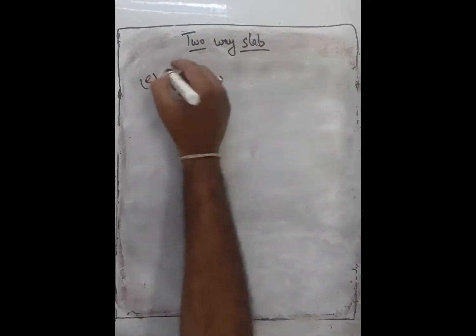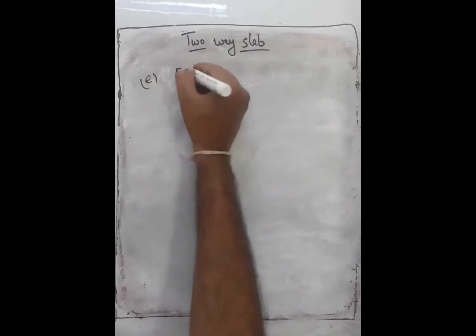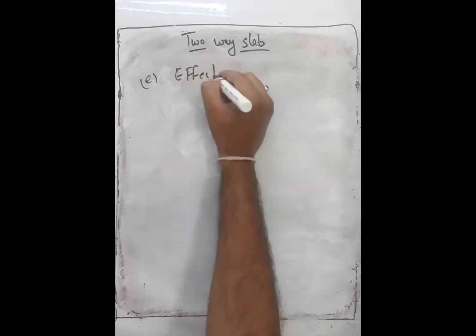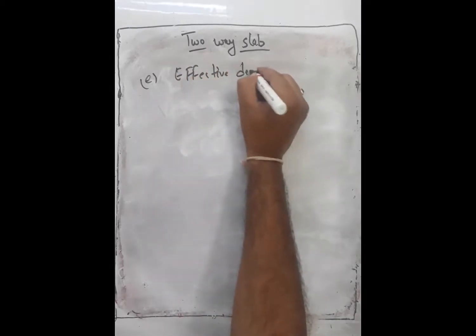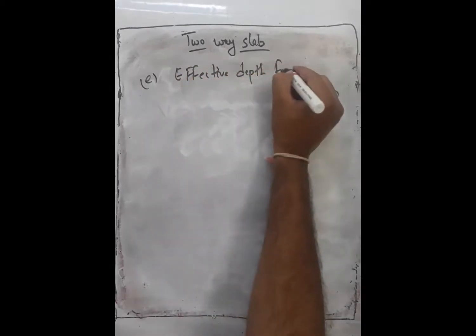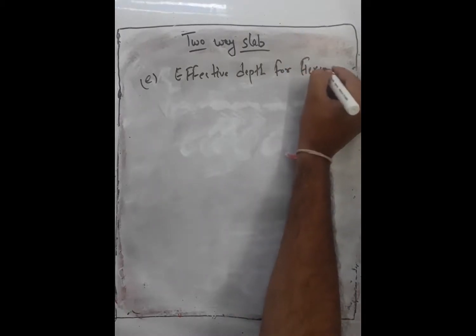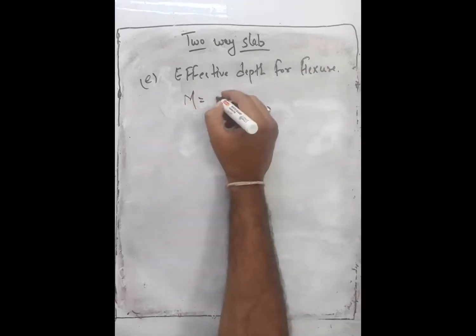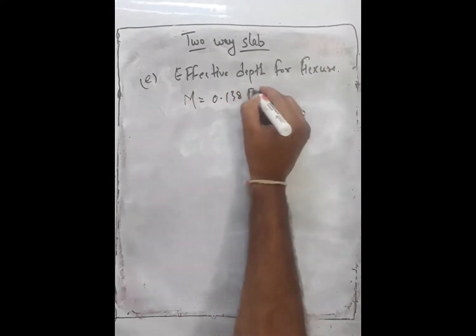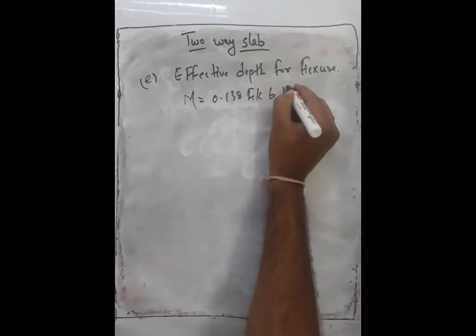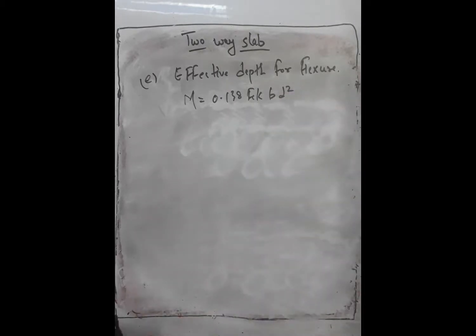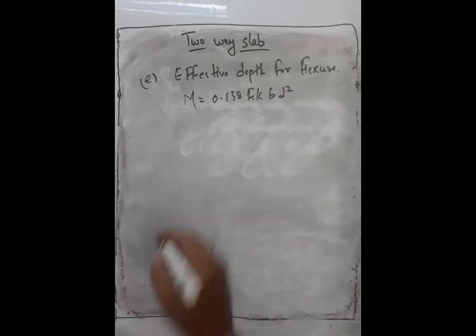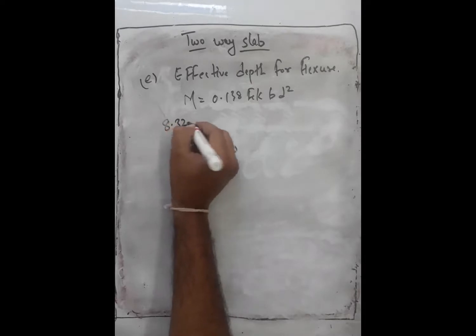So our step number E, which is effective depth for flexure. Okay, you know that M is equal to 0.138 FCK BD square for Fe415, and here we take maximum moment.